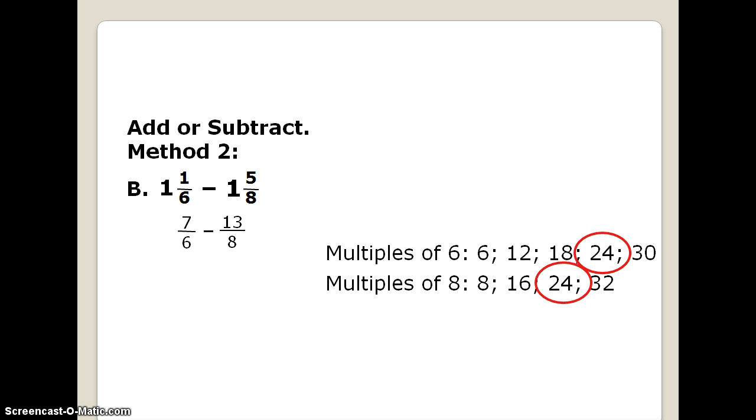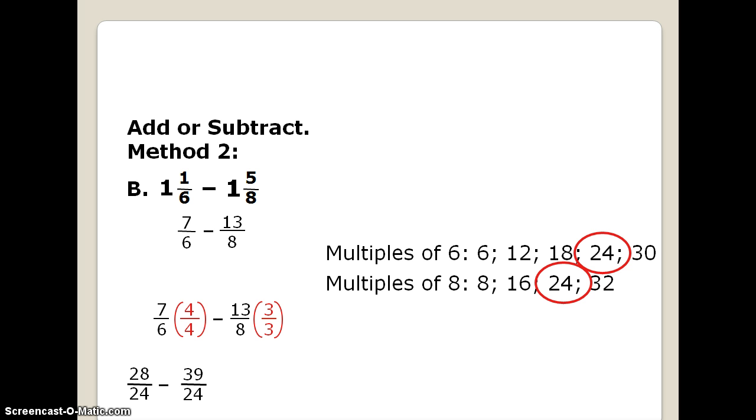And as soon as you run into that 24, you know that that's the least common multiple. So let's multiply to get those numbers to become 24. That means we have to multiply the first fraction by 4 over 4 and the second fraction by 3 over 3. So 7 times 4 is 28, 13 times 3 is 39, and we have common denominators of 24.